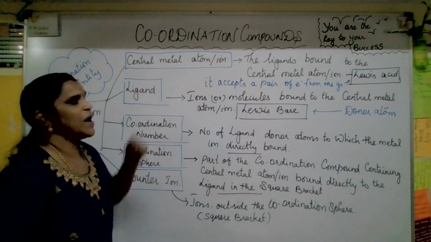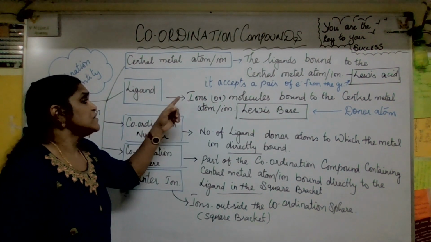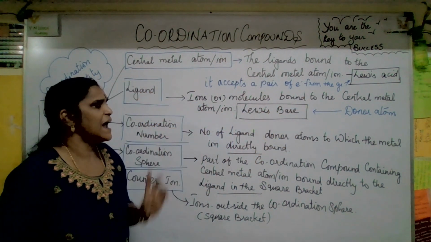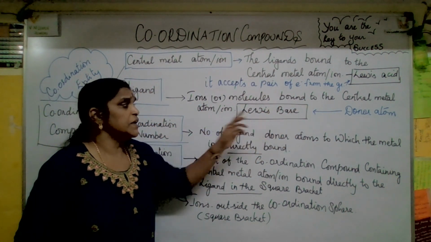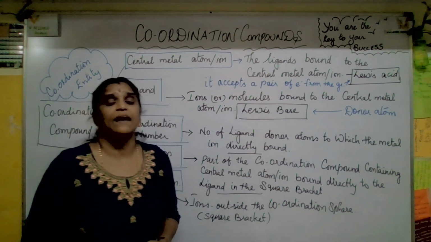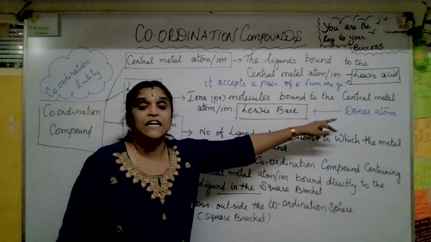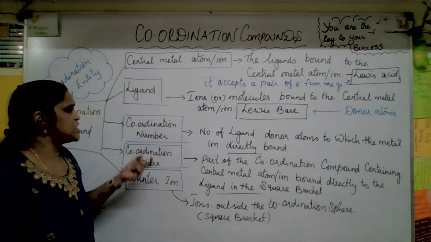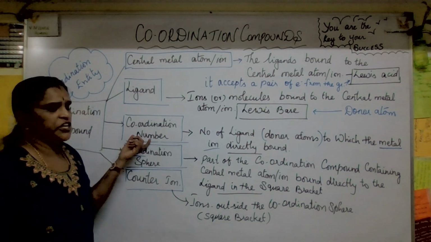Now the second one, ligand, that is the main one. Ions or molecules bound to the central metal atom or ion. We can say this is a Lewis base. Why? It is ready to donate a pair of electrons. It is a donor atom, and we can say it is a Lewis base. Now the next one, coordination number.